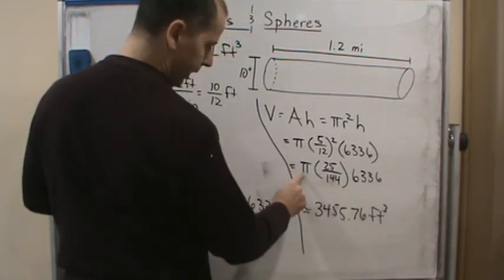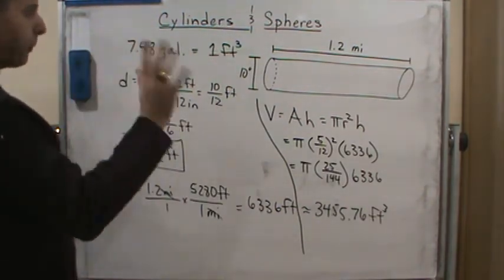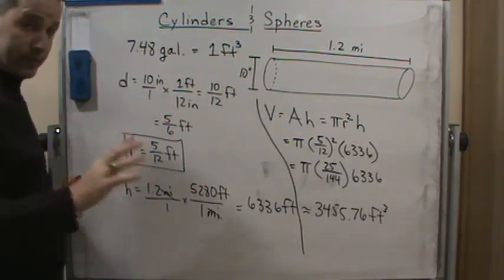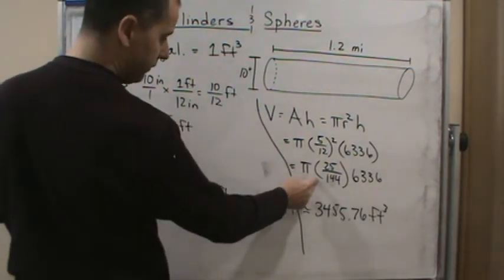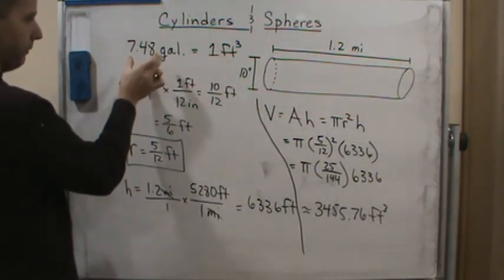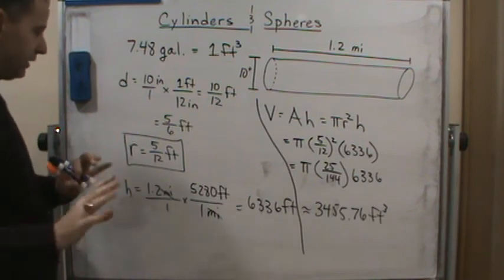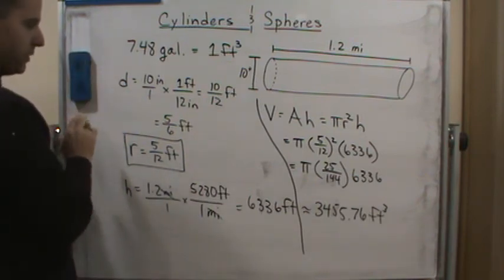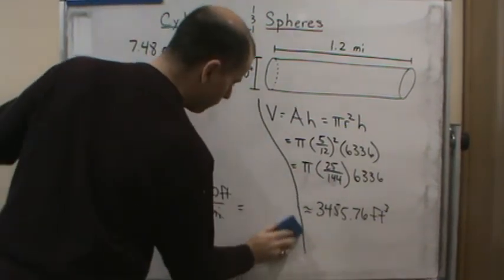I would just leave this in the calculator for our purposes anyway. For more technical fields, you may want to solve it even further, leaving this and then converting from cubic feet to gallons, and then put it in your calculator. But as long as you're getting the correct answer for our purposes, I want to pass that information on to you.